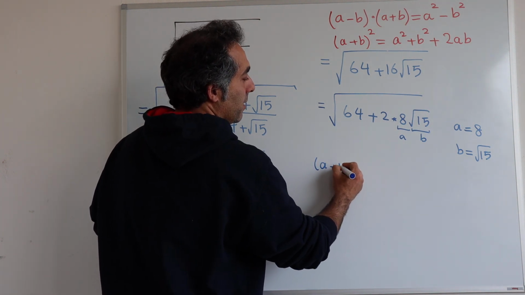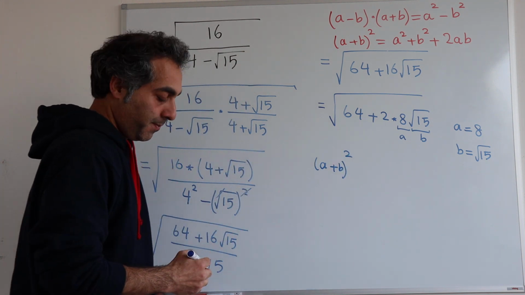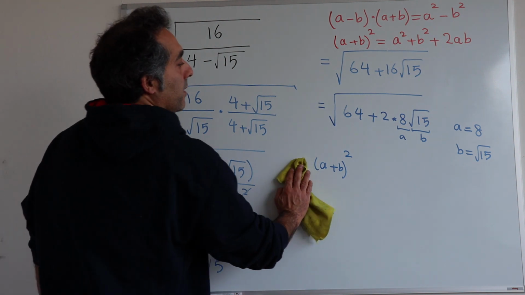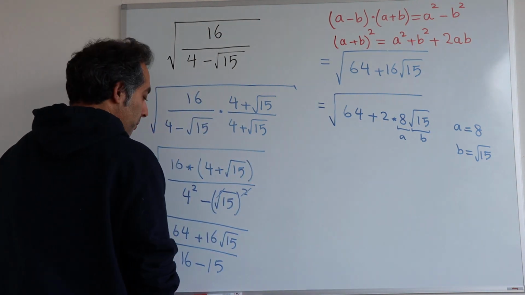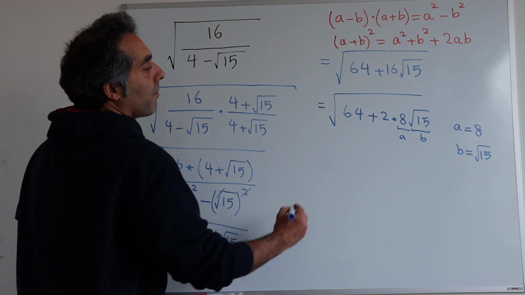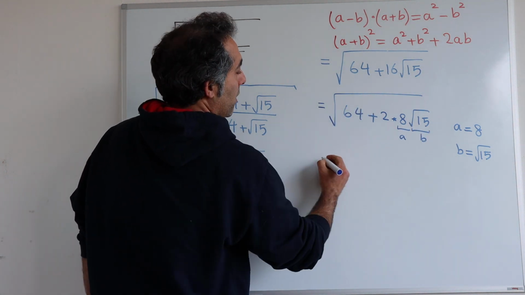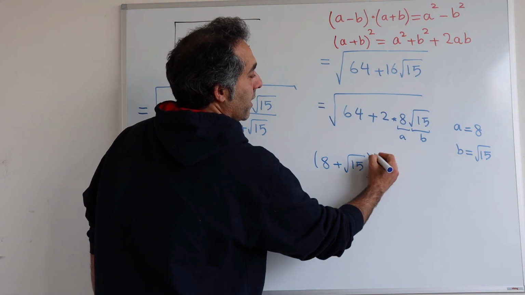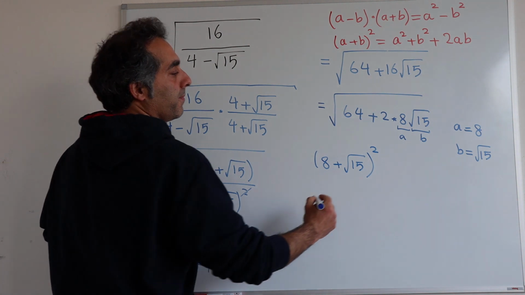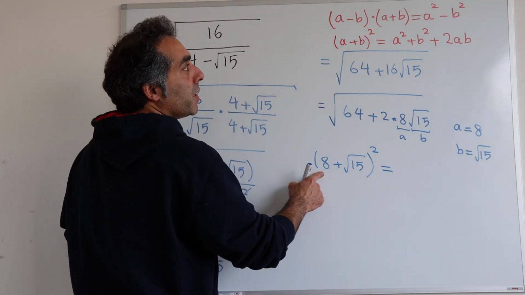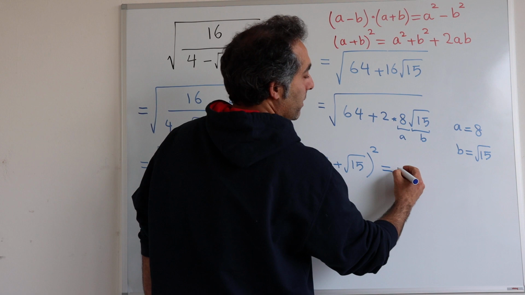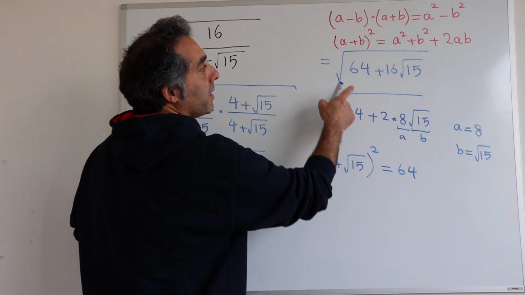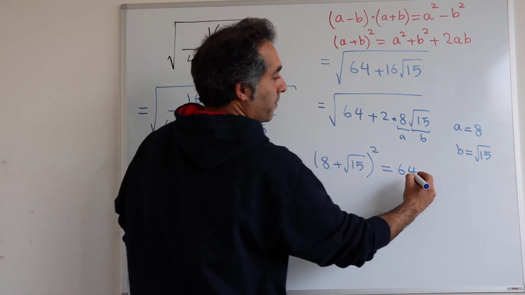A plus B squared is exactly, I can write just the numbers here, A is 8 plus the square root of 15, squared, which is based on this identity. 8 to the power of 2 is 64. You can see it's exactly 64 here.